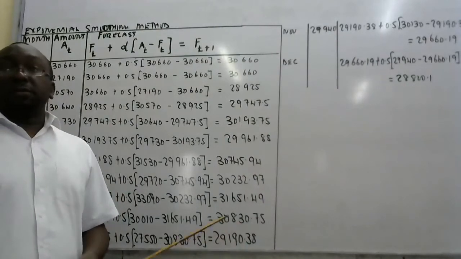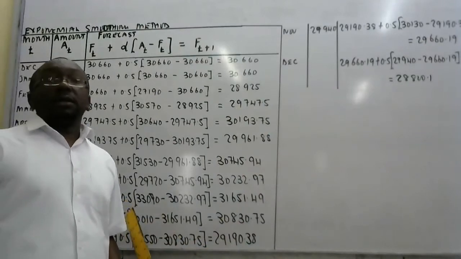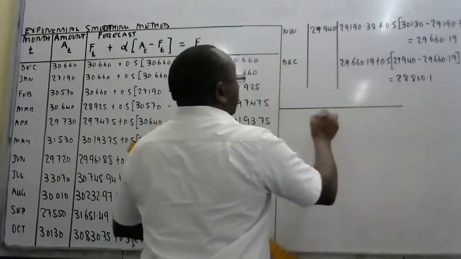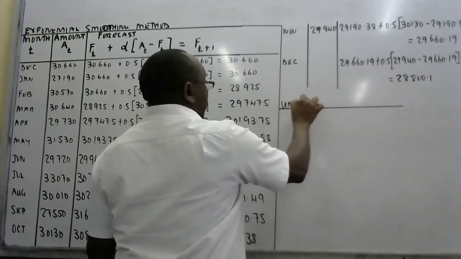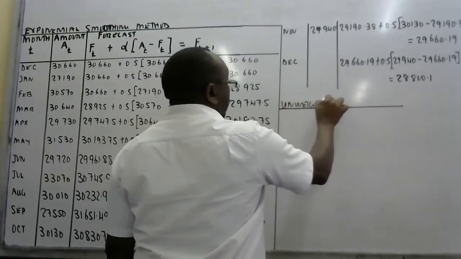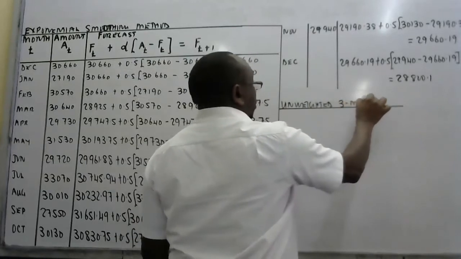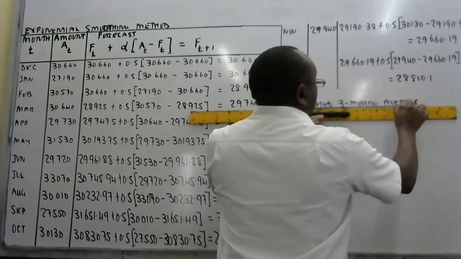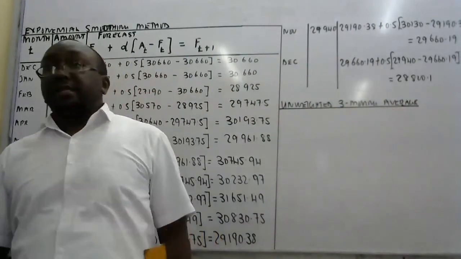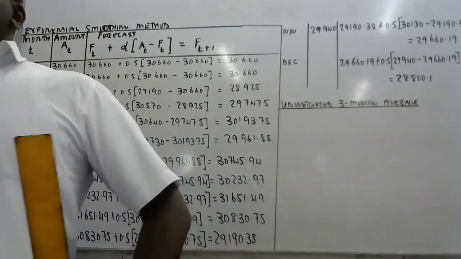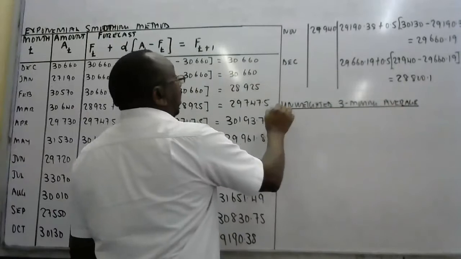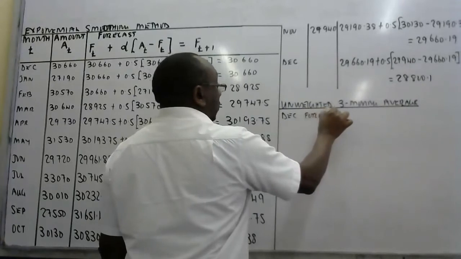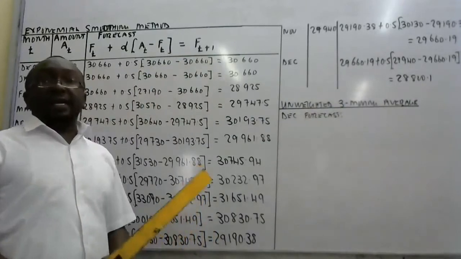So that is the forecast for December if you are using exponential smoothing. If for some reason they told you to use unweighted 3 moving average, the December forecast, I told you, you simply take the last three.